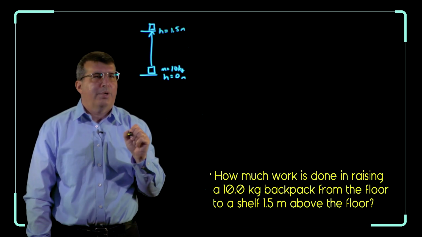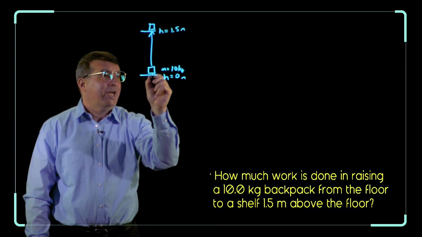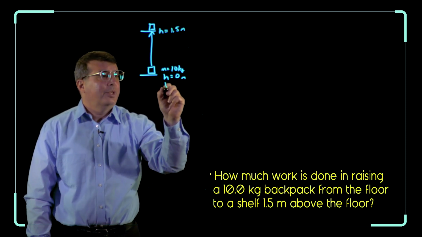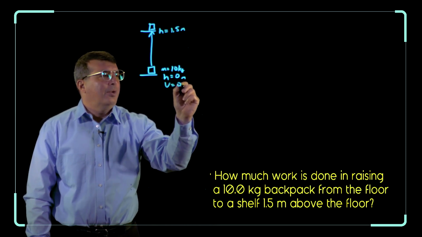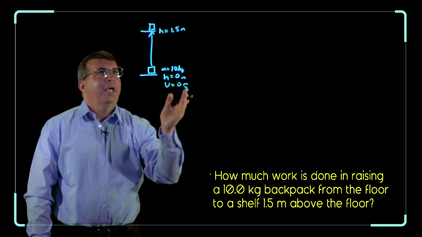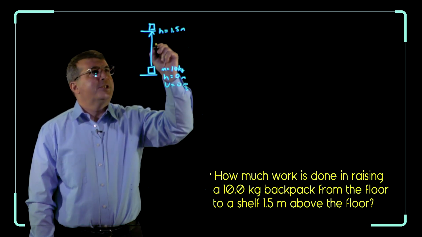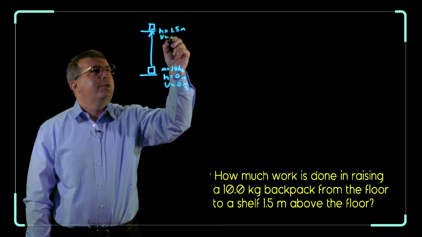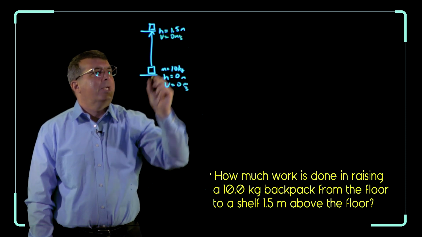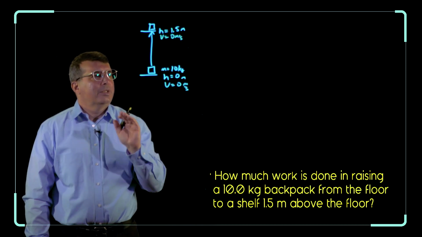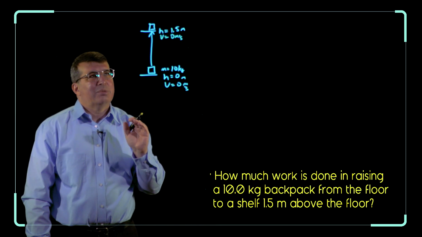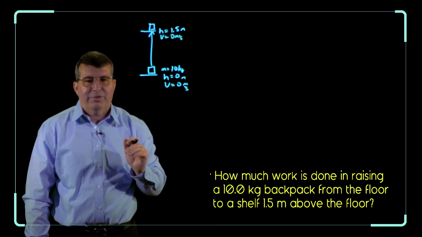Now, also important is that the backpack is not moving while it's on the floor. So its speed is 0 meters per second. And when we put it on the shelf, its speed is still 0 meters per second. So that is a diagram of the statement.